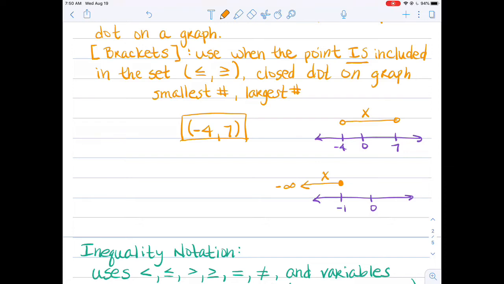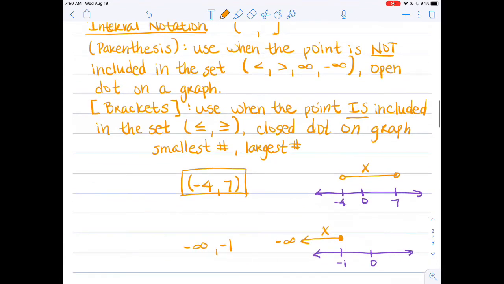Well, no, not really. Negative infinity isn't technically a number, but that's going to give us our second point, because notice interval notation needs two critical points. So we will use negative infinity and -1. We would write negative infinity first, because negative infinity is definitely smaller than -1, and then we would write -1.